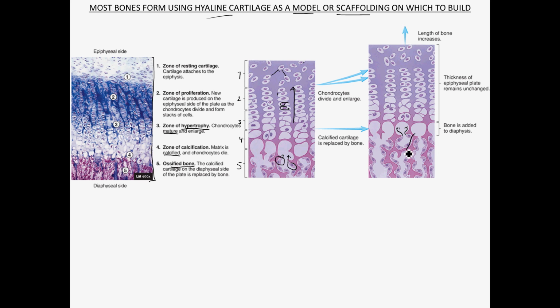So you can see right here, this pinkish would be a trabeculum of spongy or cancellous bone. So this is all cancellous bone down here. So maybe want to pause and take a look at that again before we move on.